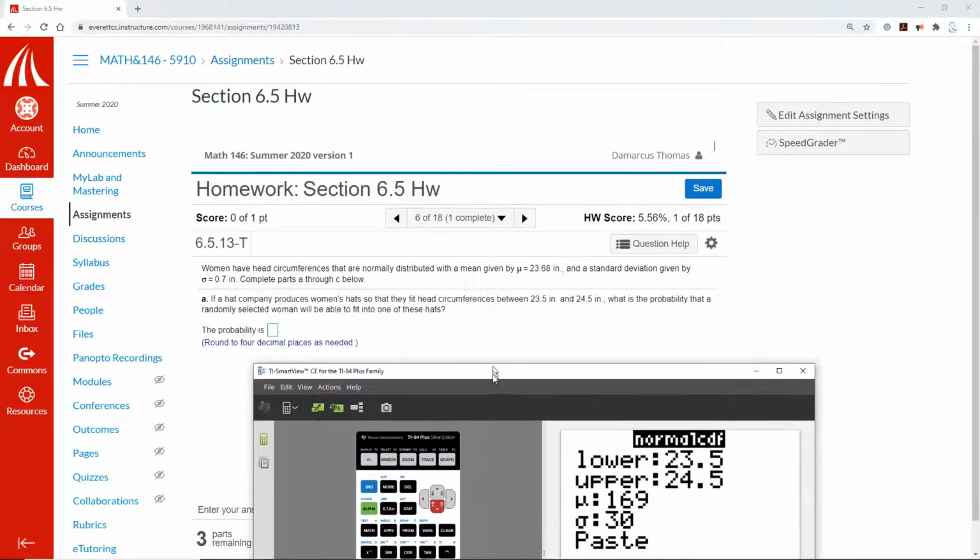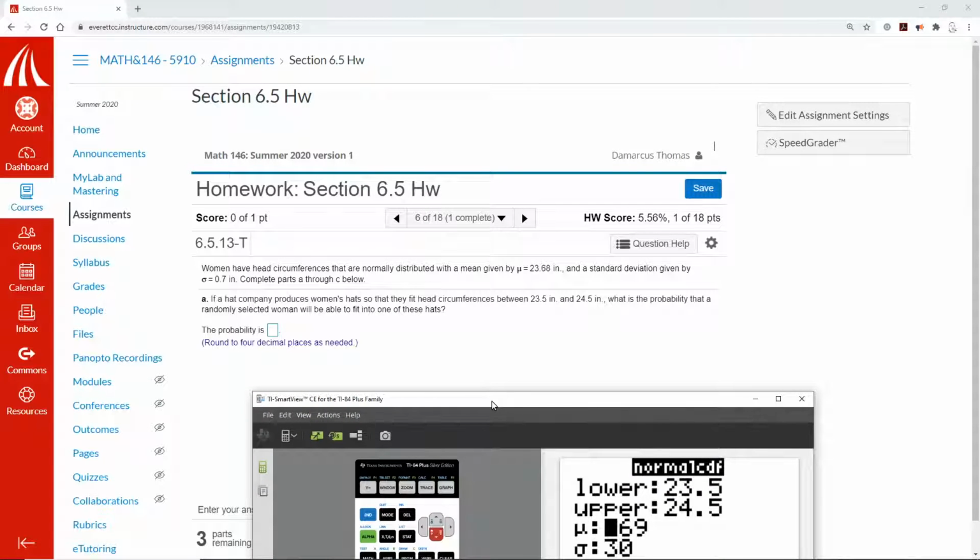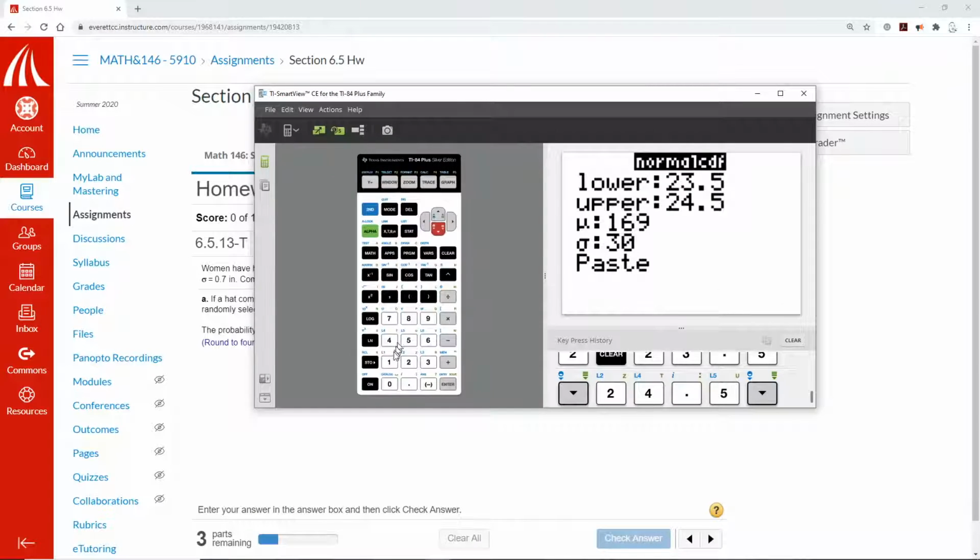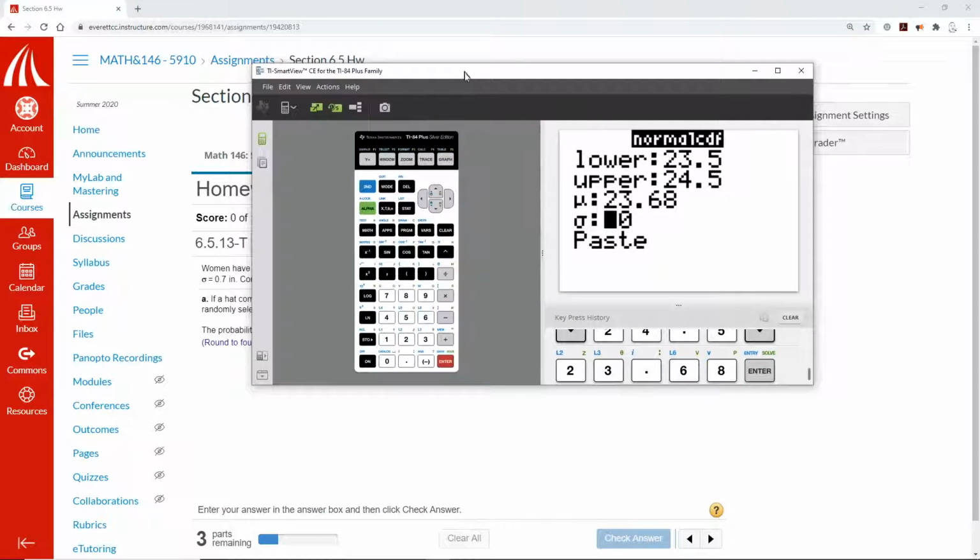What's my mean? 23.68. My standard deviation is 0.7.